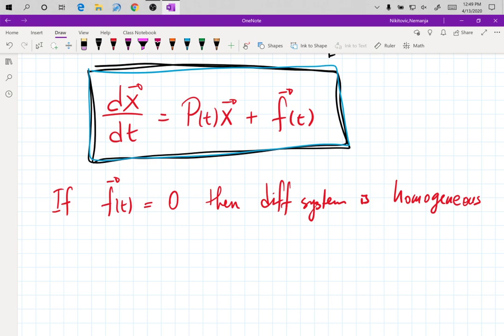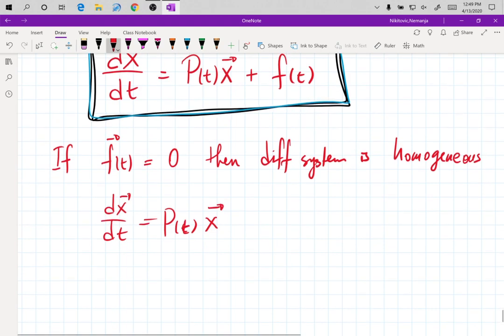Right. So if that is the system you have, then it looks like dx dt is equal to P of t x, like that. Now, do we all agree that this over here is your vector of solutions?